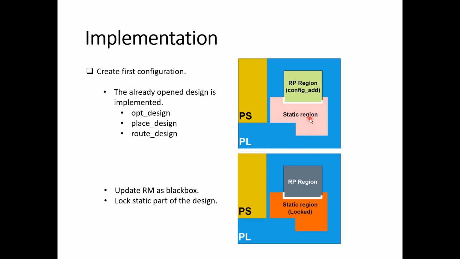So that's known as a static region. So we lock that part of the design. After the first configuration, we say that during the next runs of the implementation, don't place and route this static region again. Don't place and route these modules in the static region again. Only place and route the modules from this RP region. So that's why we lock the static part of our design.